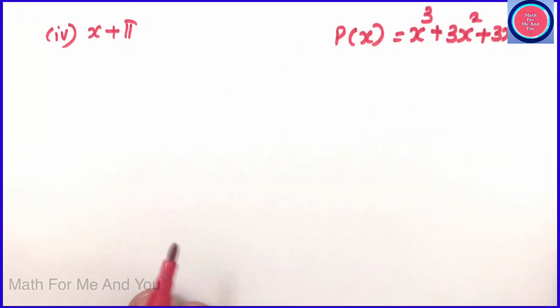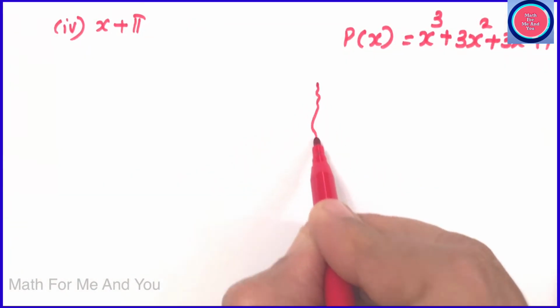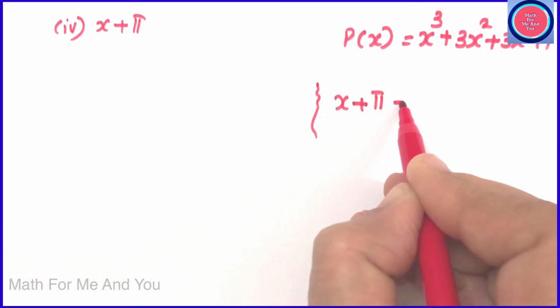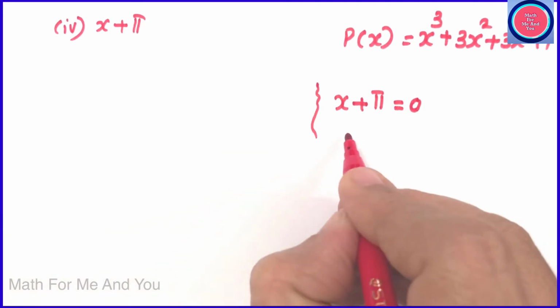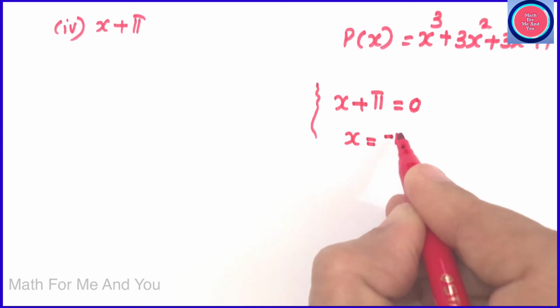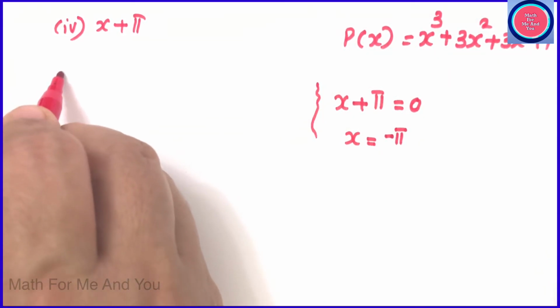Next polynomial, x plus pi, the linear polynomial x plus pi. We have to check what is the remainder we get when we divide the polynomial p of x with x plus pi. Take x plus pi and equate to 0. Find the x value. That means move plus pi to the right side. It becomes minus pi. Substitute this value in the polynomial p of x.